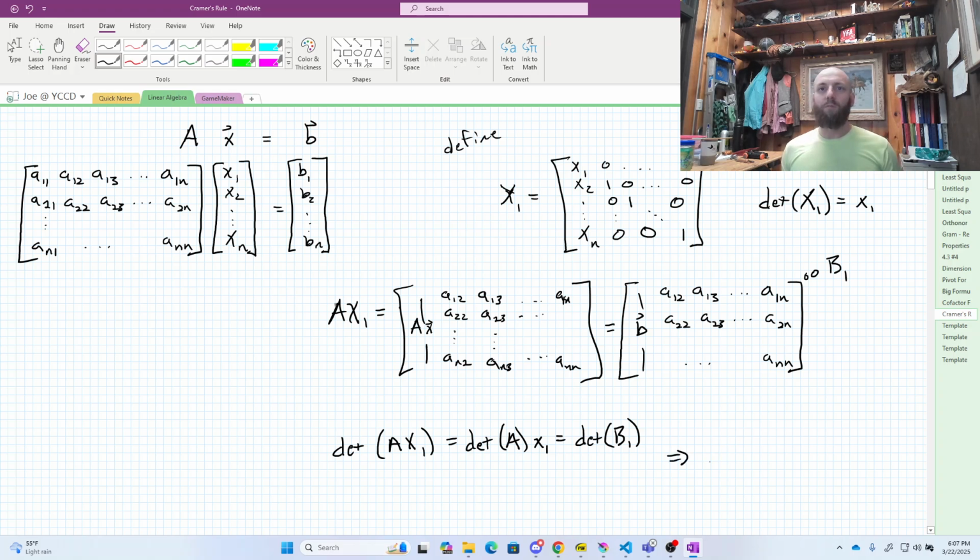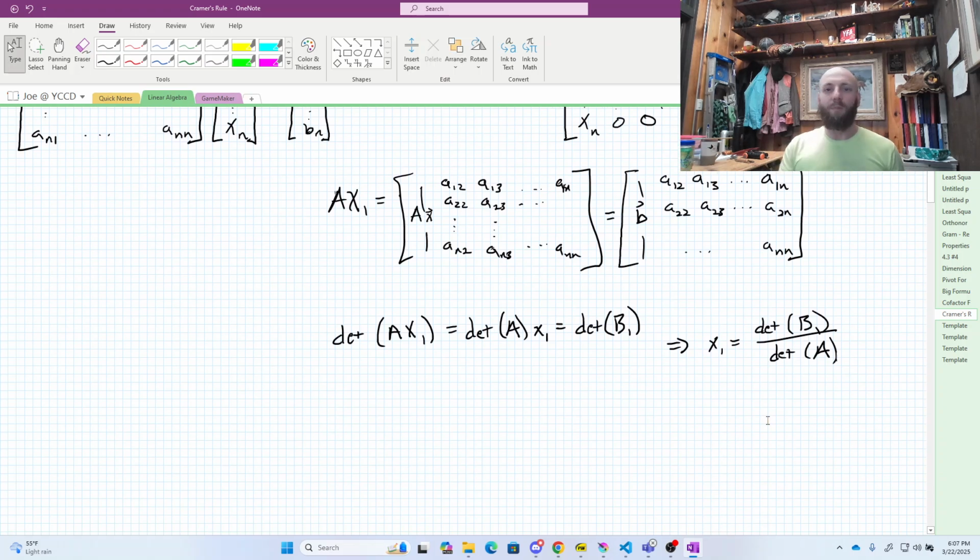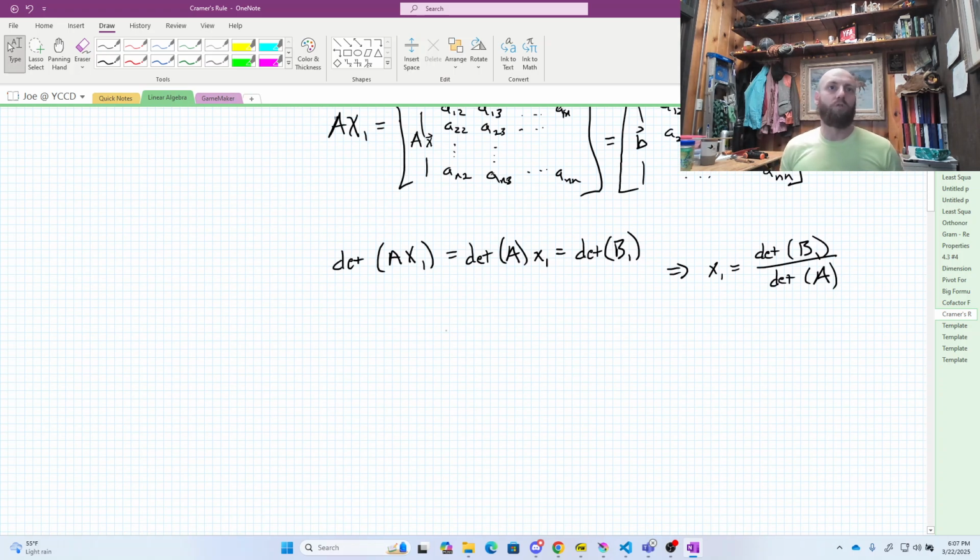What that does is that lets me write down a formula for x1. x1 is the determinant of the matrix B1 divided by the determinant of the matrix A. So that gives me Cramer's rule. And Cramer's rule is relatively straightforward.